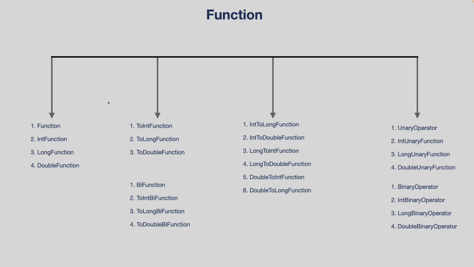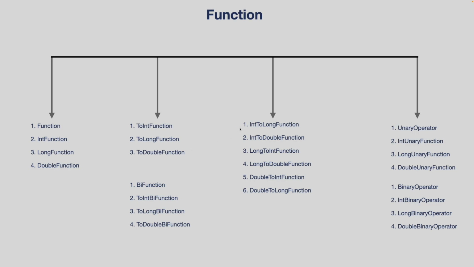So here what we discussed: first, the From data type functions, where we can convert from the specified type to the required data type, that will convert from int to the required data type. Second is the To data type functions, where we are converting from the required type to the specified data type, like converting from R to int, R to long, R to double.